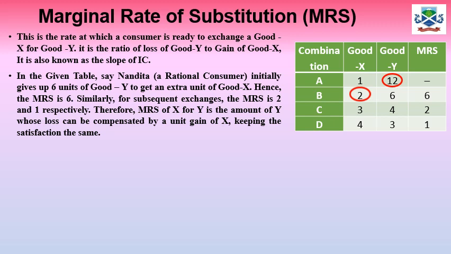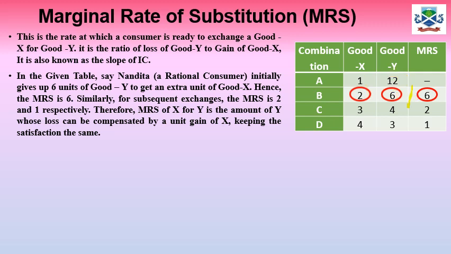Good y, initially she has 12 units and she is ready to give up 6 units. For just 1 unit addition, she is willing to sacrifice 6 units. So 6 plus 6 is 12. She is sacrificing 6 units here, whereas here it is just 1 unit. So that is the first case.